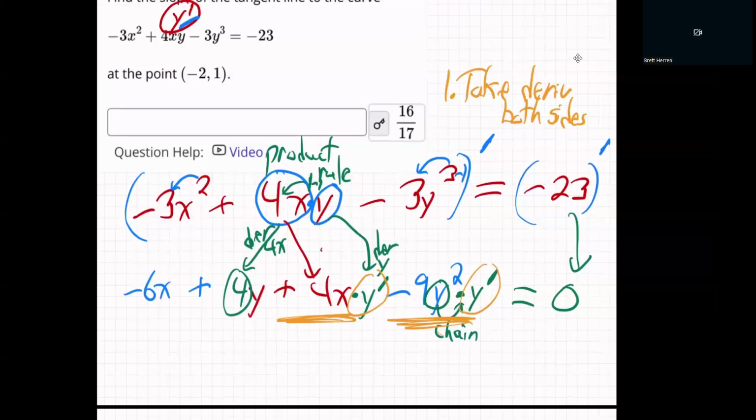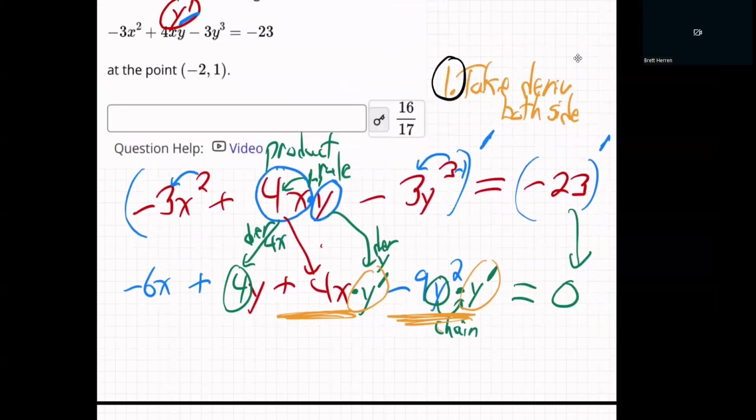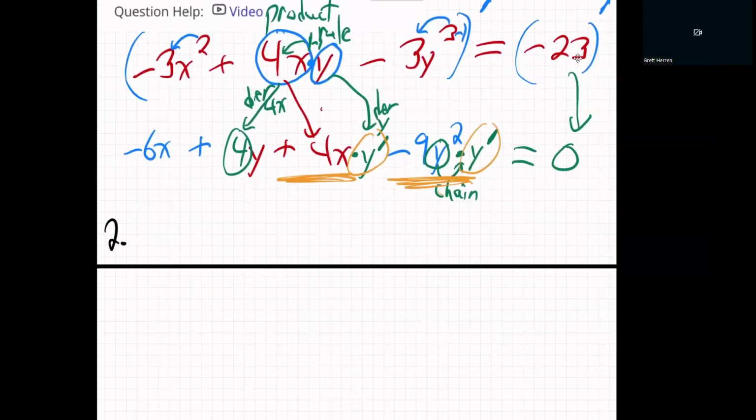We did that. Step 2, get y prime terms on one side, move others over.